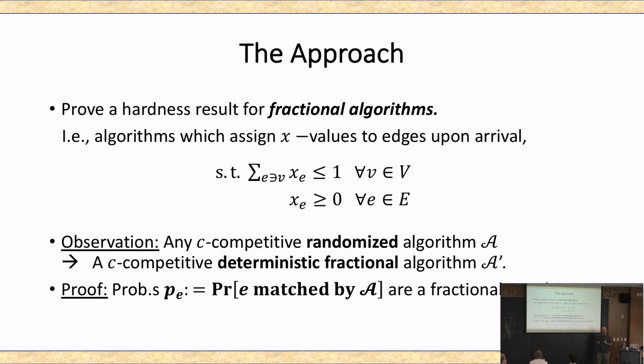You'll have an exponential sized lookup table, and whenever another node shows up, you figure out how the marginal probabilities will change at that point in time by just seeing what happens in every one of these realizations. So it's a crazy inefficient algorithm, but it doesn't matter. I'm going to let this fractional algorithm be slow. I'm going to show hardness results for a fractional algorithm, so I'm giving it more strength, and more strength is not going to help it. We're clear about this.